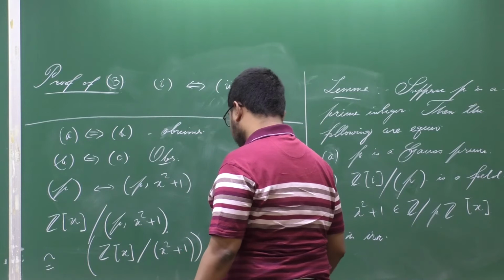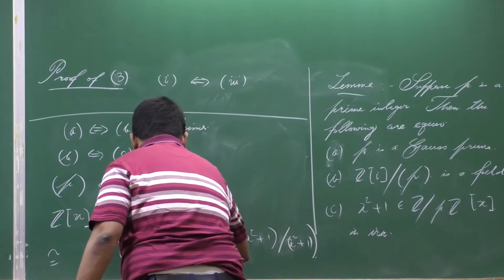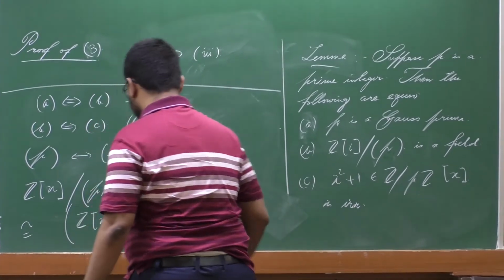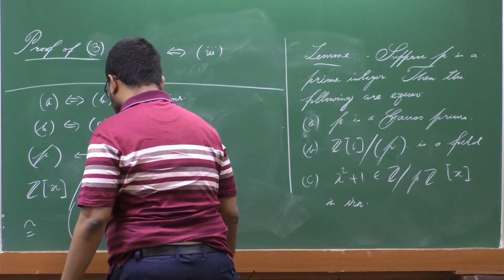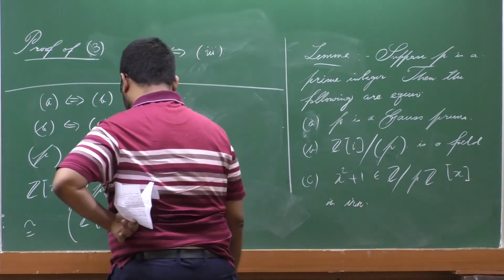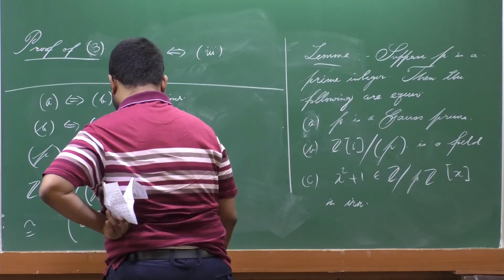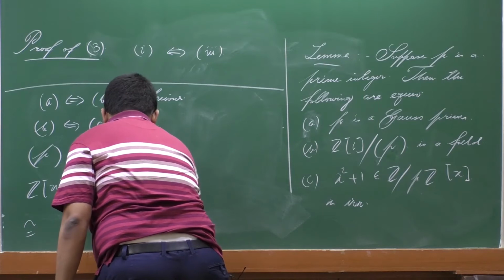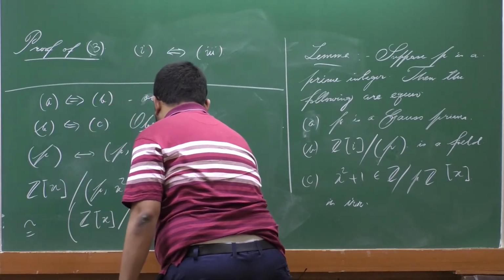Sorry, I think the order is to be reversed. Zx modulo, so Zx, this is x square plus 1, yes, so x square plus 1 would be there, I think. Now let us see whether that works or not.